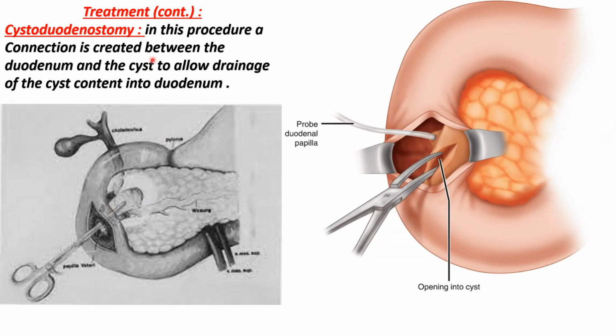Cystoduodenostomy. In this procedure, a connection is created between the duodenum and the cyst to allow drainage of the cyst contents into the duodenum.